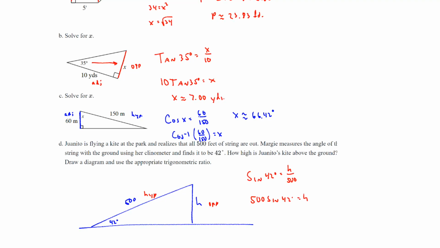Plug that into your calculator, and you get a value of approximately 334.57 feet. So the height of the kite is approximately 334.57 feet.